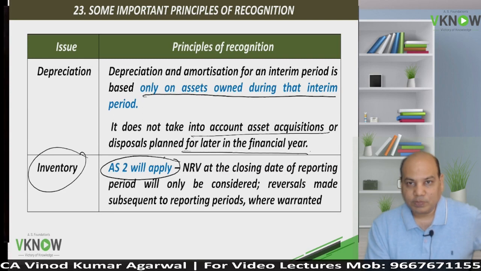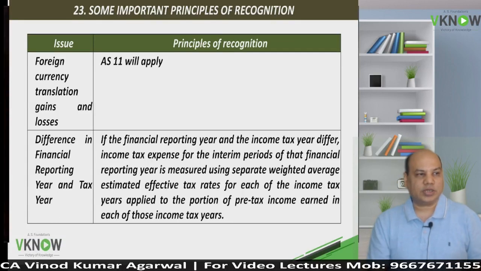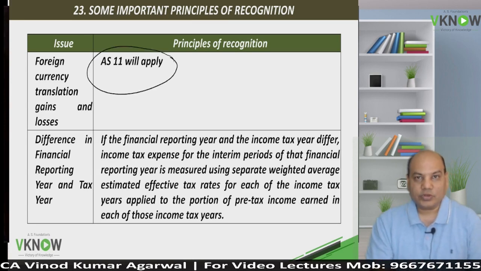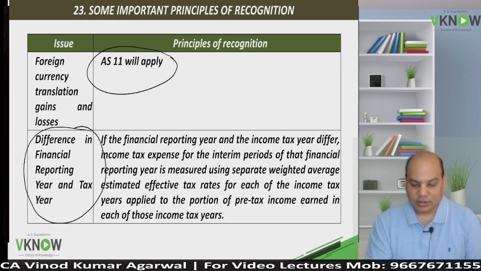And what about inventory? I won't explain much. Simply apply accounting standard 2. What about foreign currency transactions, foreign currency translation gain or loss? Again, one liner. Simply apply accounting standard 11. What about difference in financial year and tax year?